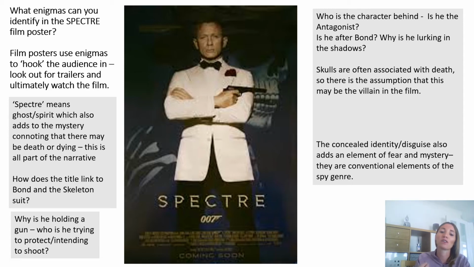And these are the conventional elements of the spy genre, and I know that you've been through conventions in previous lessons. So this is like the spy genre, there's this concealed identity. And lastly, relating to that, who is actually in the skeleton costume? So these are the enigmas, the questions that we as the audience want answering. And in order to have those questions answered, we need to go out and watch the film.